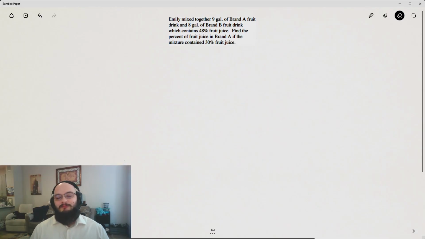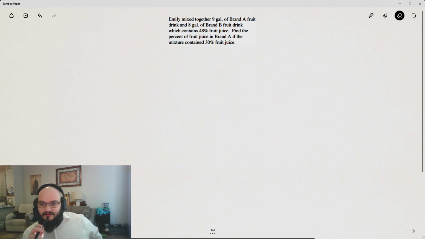For this word problem, whenever we do our percents, I'm going to go ahead and convert them directly into decimals so we can skip over that step. Let's take a look at this one. Emily mixed together 9 gallons of brand A fruit drink and 8 gallons of brand B fruit drink, which contains 48% juice. Find the percent in brand A if the mixture contained 30% fruit juice.